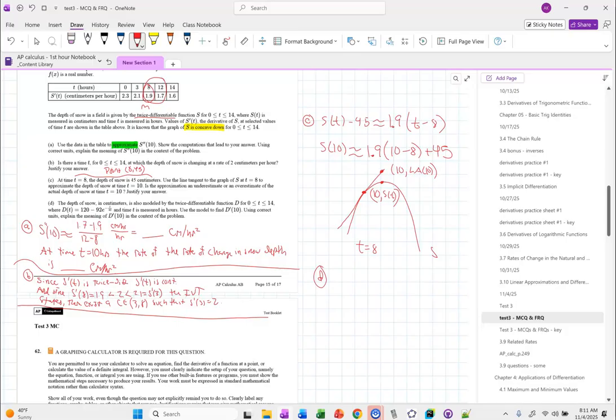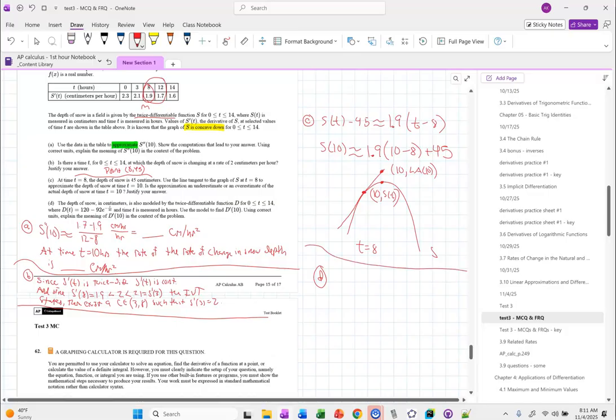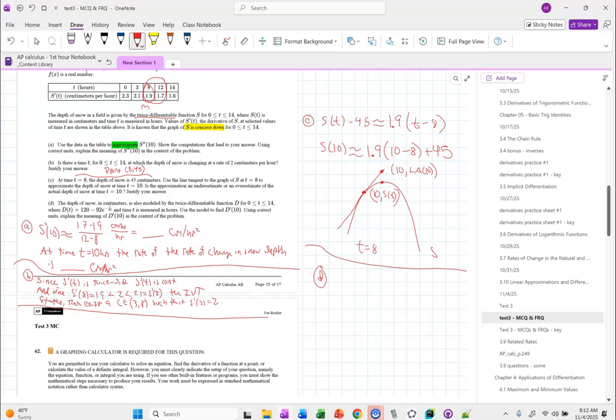And then for D, it says the depth of snow in centimeters is also modeled by the twice differentiable function D for 0 less than or equal to t less than or equal to 14, where d of t is equal to 120 minus 92 e to the negative t over 40. And time is measured in hours.